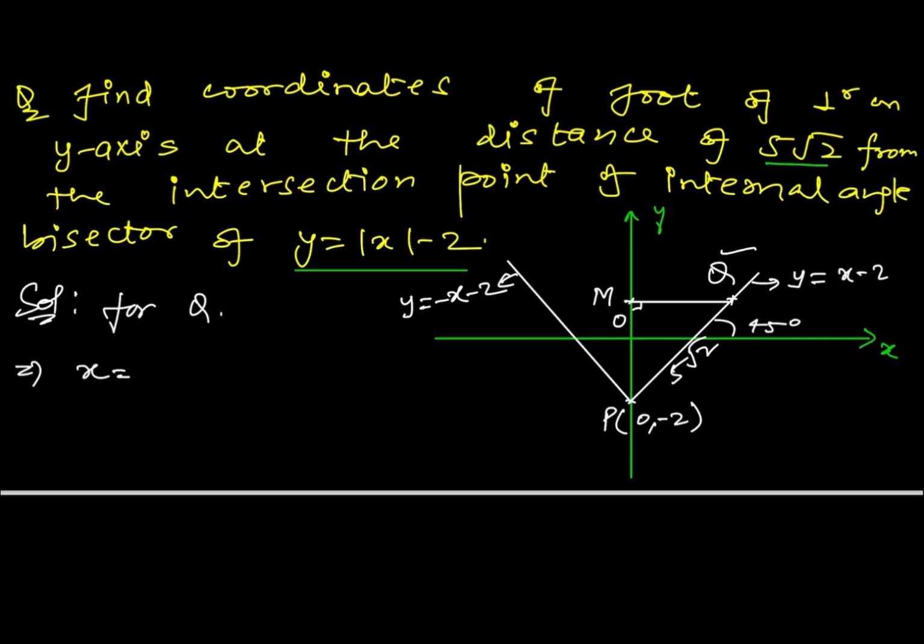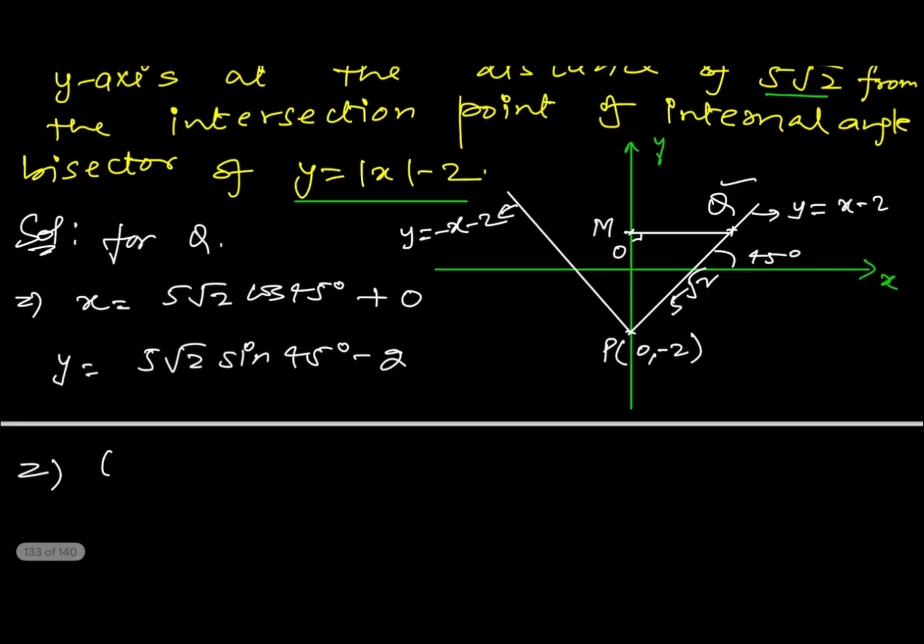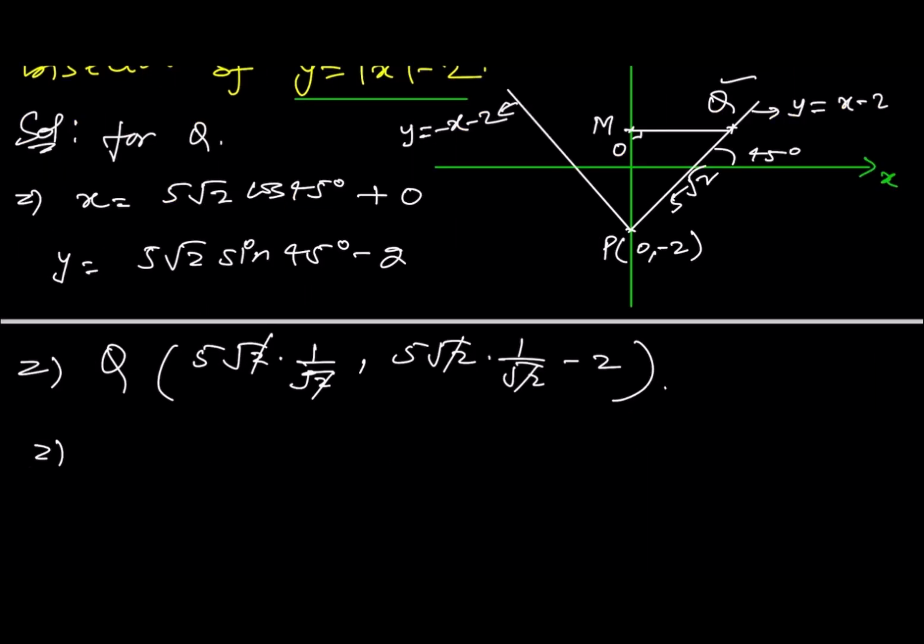So x is 5 root 2 cos 45 degree plus 0, and y is equal to 5 root 2 sin 45 degree minus 2. So Q is 5 root 2 into 1 by root 2 comma 5 root 2 into 1 by root 2 minus 2. So Q is 5 comma 3.